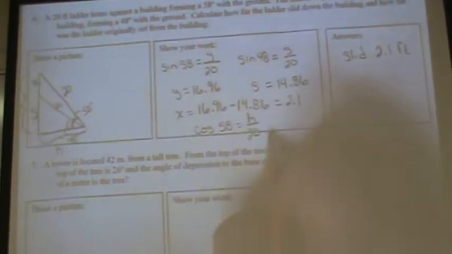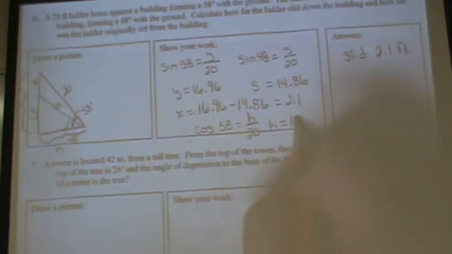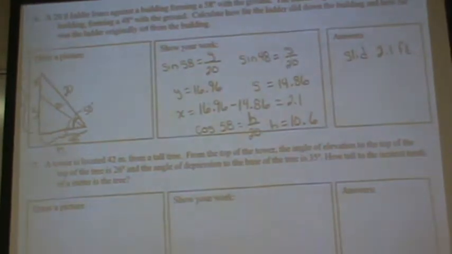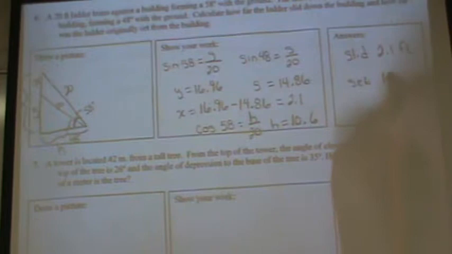When you solve for h, you should get that h equals 10.6. So it was originally set 10.6 feet from the wall. So your answer should be 2.1 feet and 10.6 feet.